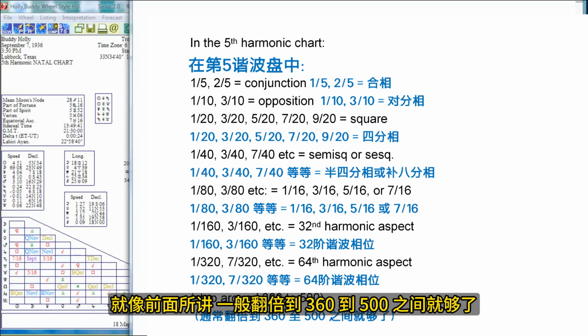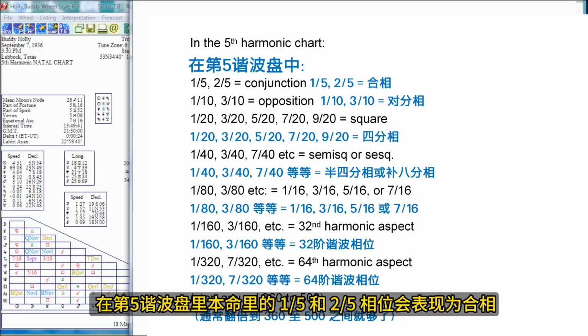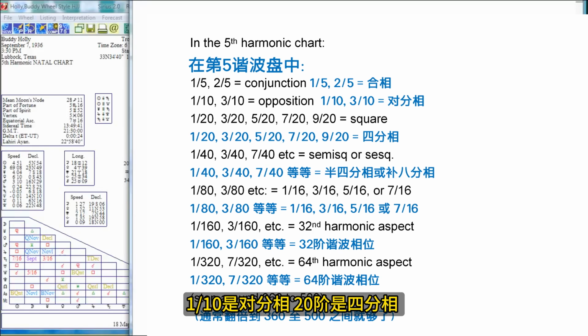Okay, the other thing I want to mention is that in the fifth harmonic chart, just to review, I talked about this in the previous video, in the fifth harmonic chart, the 1/5 and 2/5 aspects in the natal chart appear as conjunctions, the 10ths appear as oppositions, the 20ths appear as squares.